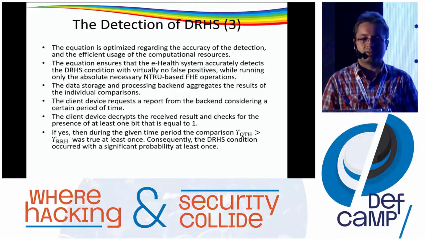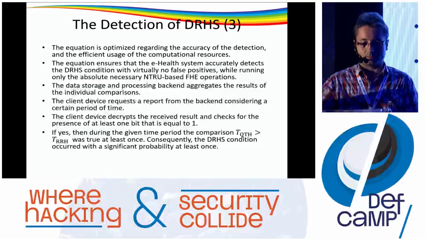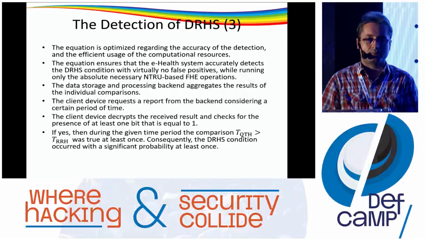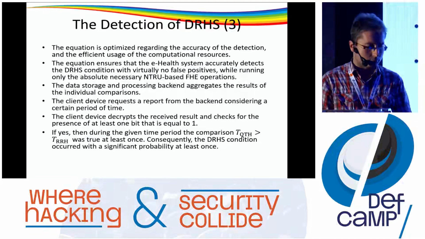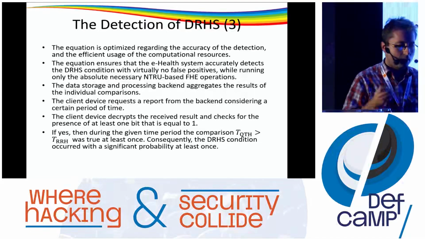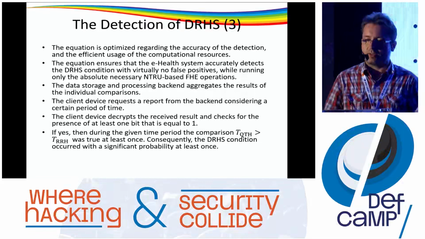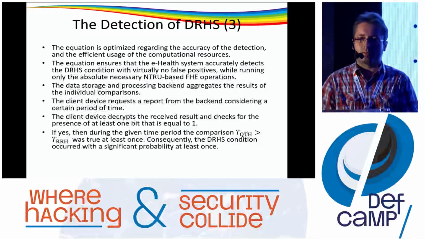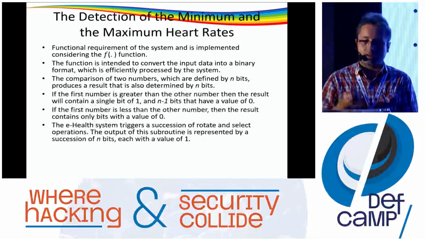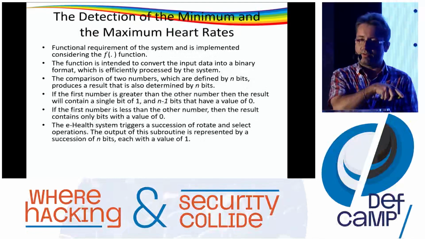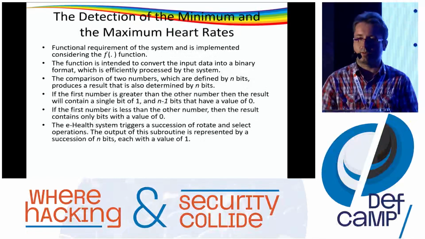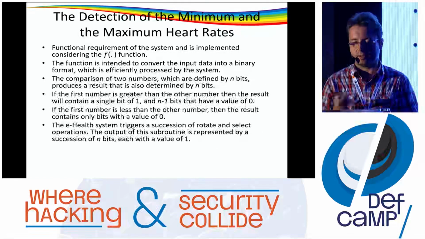The result is in the form of an array of bits, and if in this array of bits there is at least one bit of 1, then the occurrence of this syndrome has appeared with a high probability at least once.